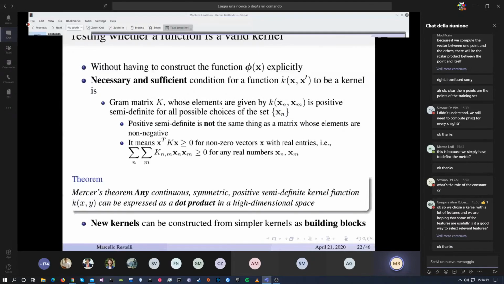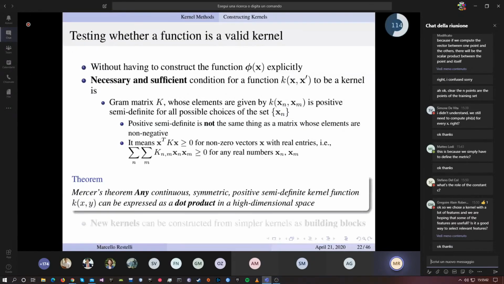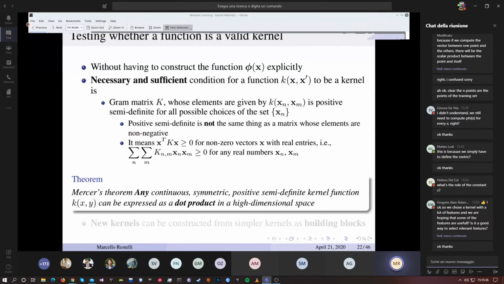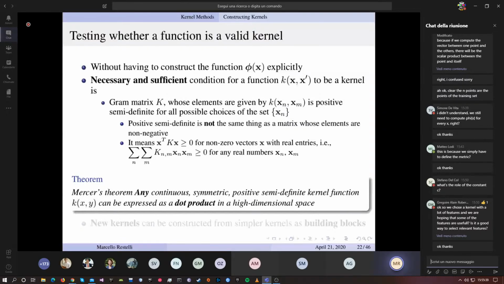And so it means that you have a valid kernel. So the necessary and sufficient condition for having a valid kernel is to have a function that is continuous, symmetric, positive semi-definite. If you are in this case, this is a kernel. Do you need to have the features? No, it's not important that you find the features. This theorem guarantees that the feature space exists. The shape of this feature space, who knows? But it's not important.